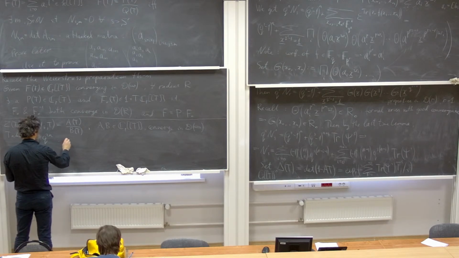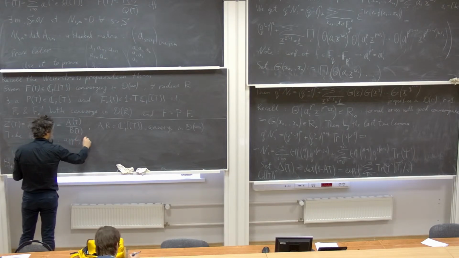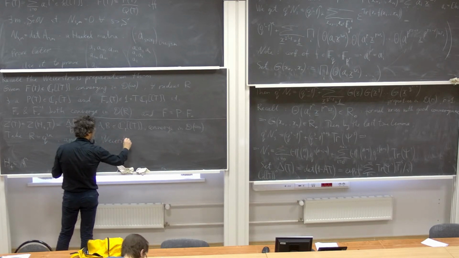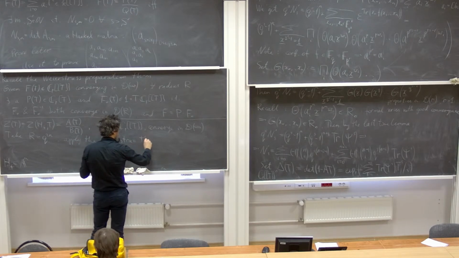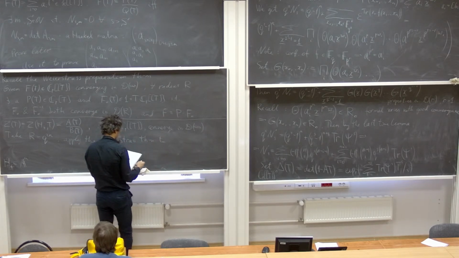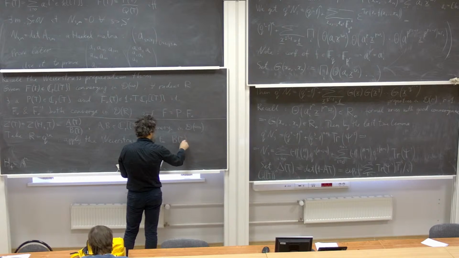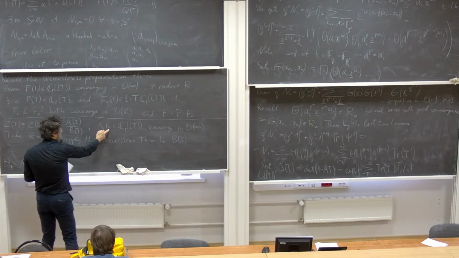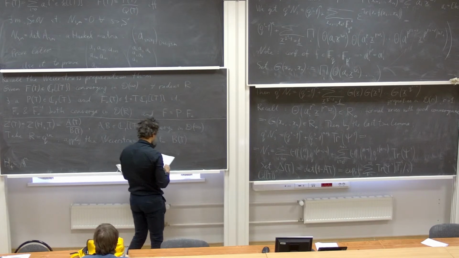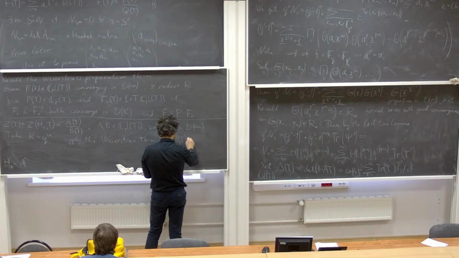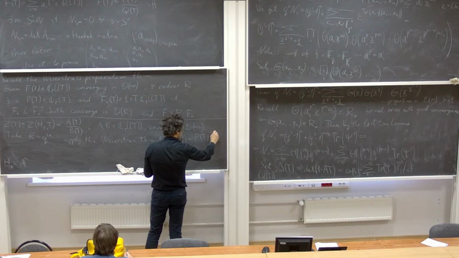Okay, and apply the Weierstrass theorem to this convergent power series, and we write in the form p of t, that's a polynomial.